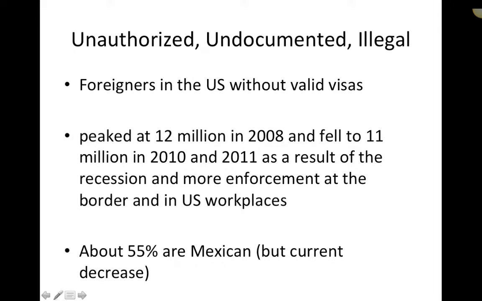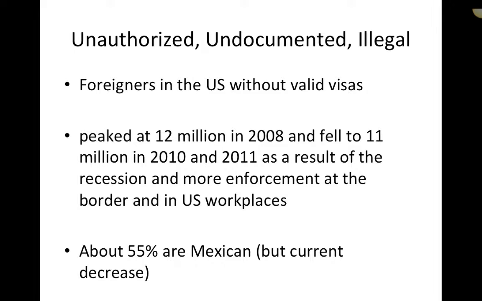Now, for people who don't come here through the proper channels, some people get very offended, so whether you want to call them unauthorized, undocumented, illegal, whatever you want to call them, basically, you weren't born here and you don't have a valid visa. These are people who are here and didn't go through the proper channels.